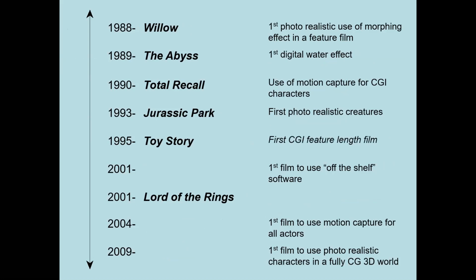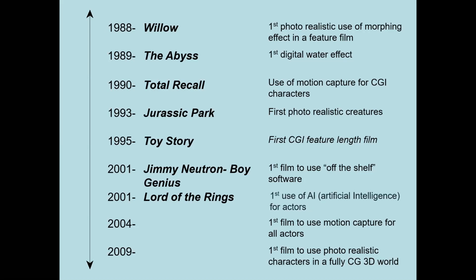And then the Toy Story, the first CGI feature-length film. And Jimmy Neutron, Boy Genius, the first film to use off-the-shelf software. So it means they use another programming language, no, para makapag-create ng Jimmy Neutron film.